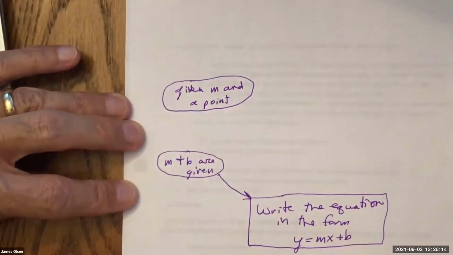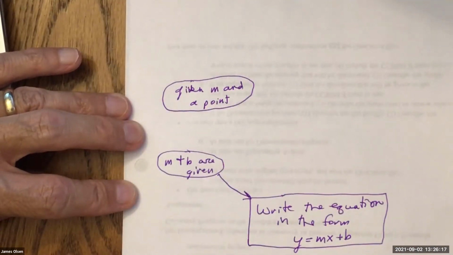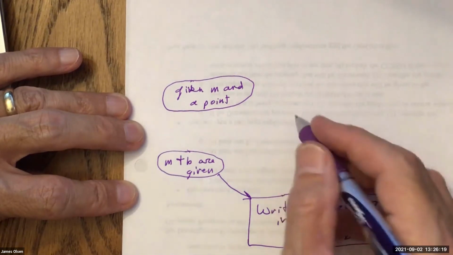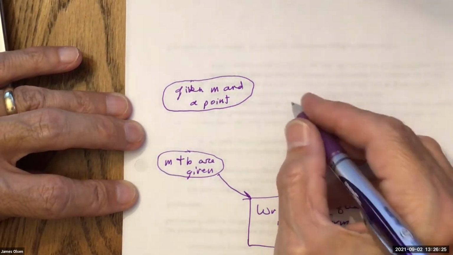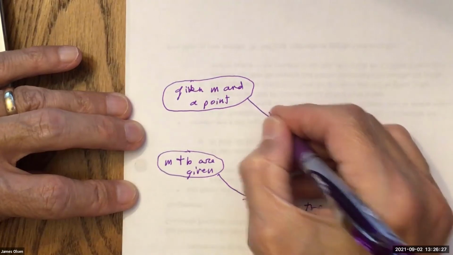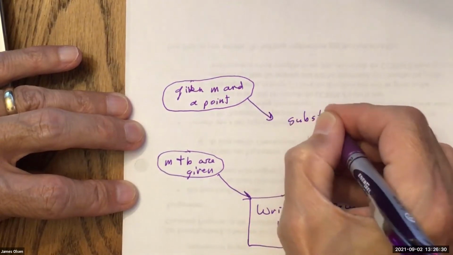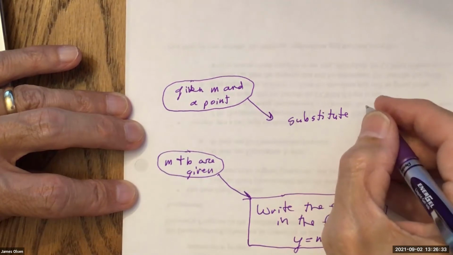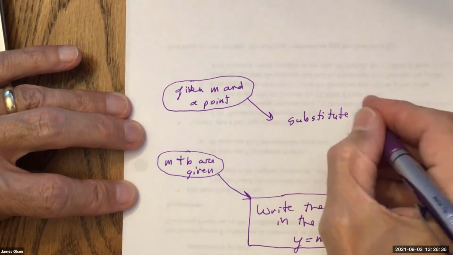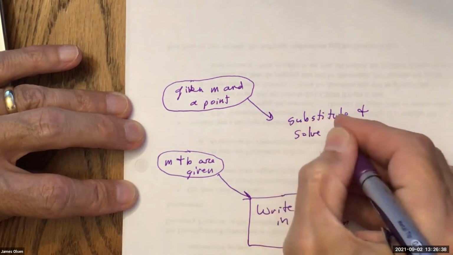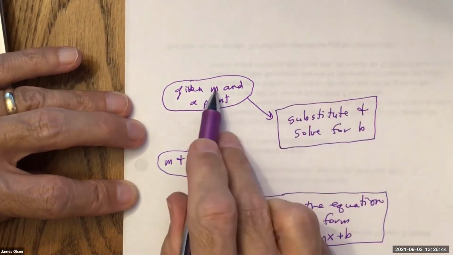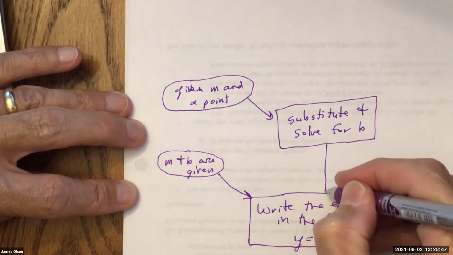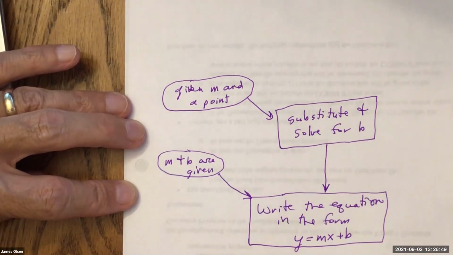So if we're given M and a point, like x1, y1, what we're going to do is substitute to find B, because I need to know M and B. So I'm going to substitute and solve for B. And now I know M and I know B, and I can write my equation in the form y equals mx plus b. I'll show an example of that today.